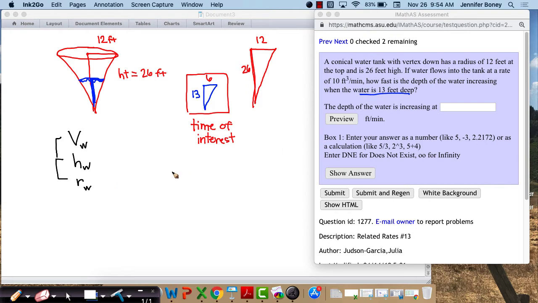So in terms of thinking about what we're supposed to be finding here, eventually we're supposed to be finding, let's see, if water flows into the tank at a rate of 10 cubic feet per minute, how fast is the depth of the water increasing?